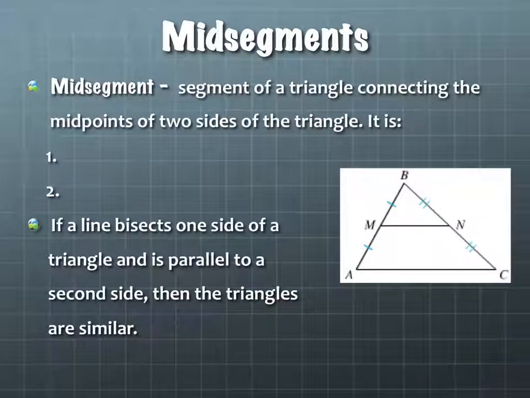All right, a mid-segment. A mid-segment is a segment of a triangle connecting the midpoints of the 2 sides of the triangle. So a couple facts about a mid-segment. The first one is that it's parallel to the third side.